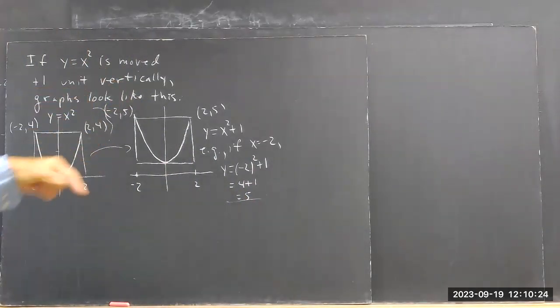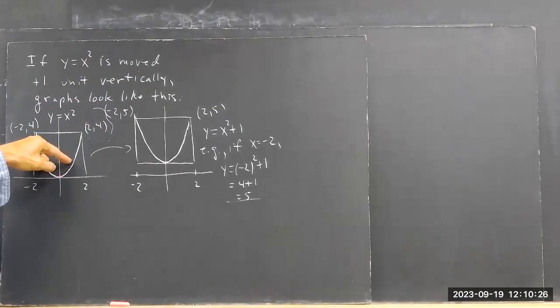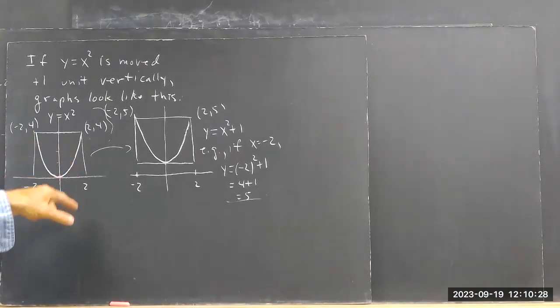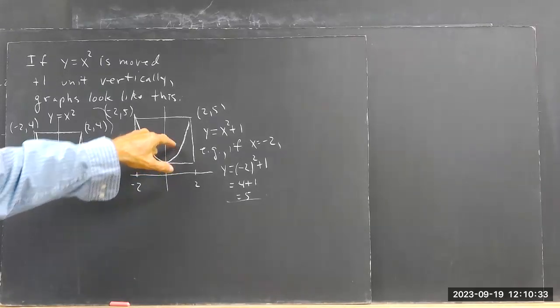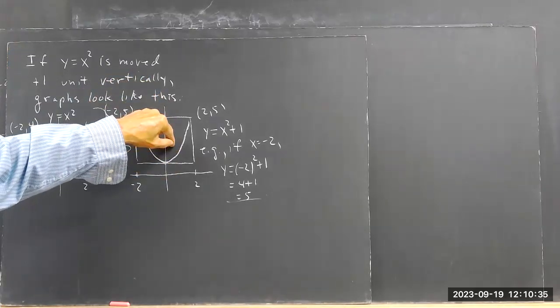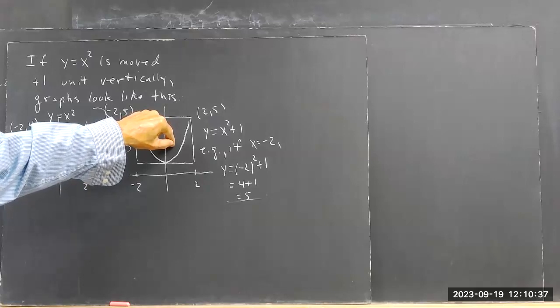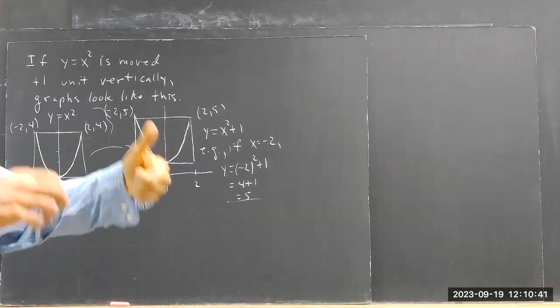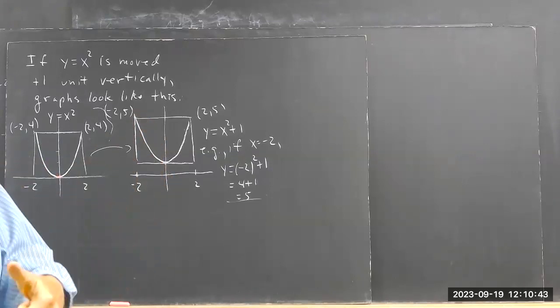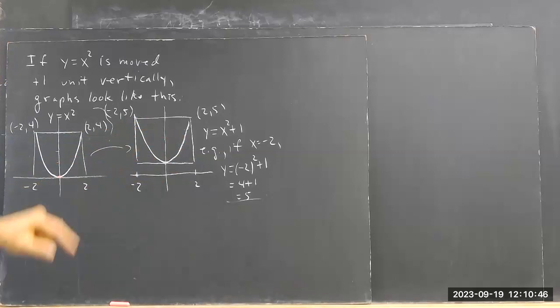Now, in my class, we've done a lot of things with estimating the coordinates of a point on this graph for x equals something, and estimating the coordinates on this graph for x equals something. Your estimate here, if you make an honest estimate, probably won't be exactly the same as this because your curve won't have exactly the same shape since you're drawing it by hand. But it's going to be very close to one more than what you have here.